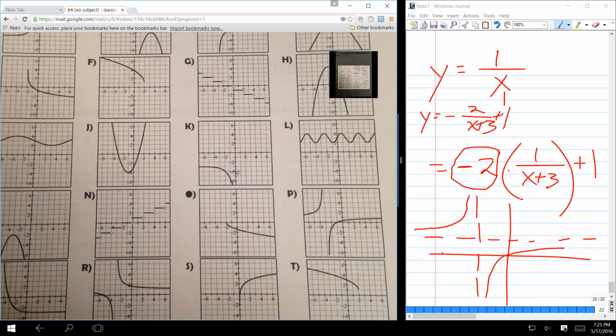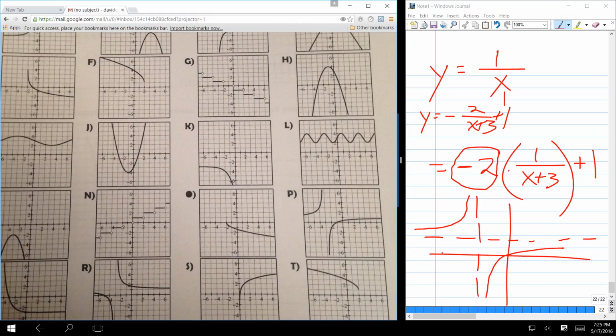P. P has the horizontal asymptote at 1, has the vertical asymptote at -3, and it's in the proper quadrants. Now, check a point.